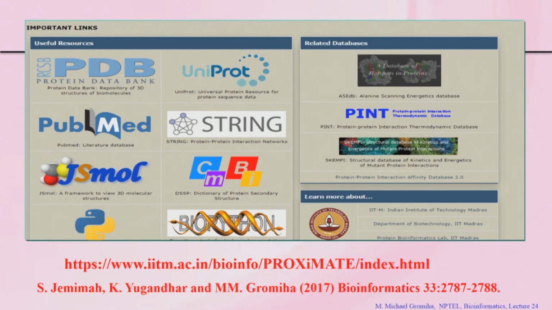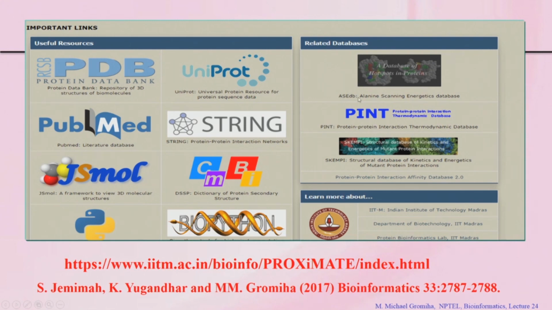For example, if you construct a human protein interaction network, many proteins act as hubs interacting with other proteins, and you can get that information from the STRING database. Also, you can get the Dictionary of Protein Secondary Structures, DSSP, from this site, and you can get binding affinity data from other resources.